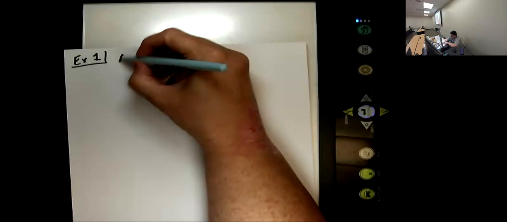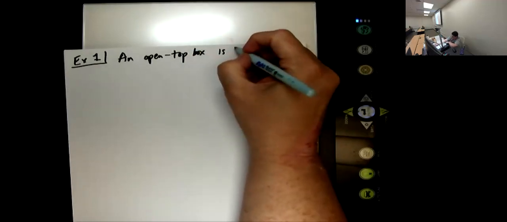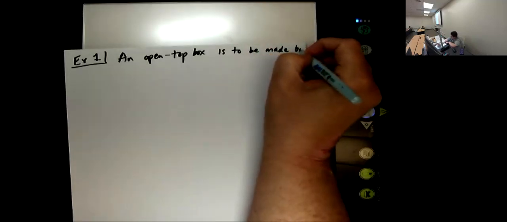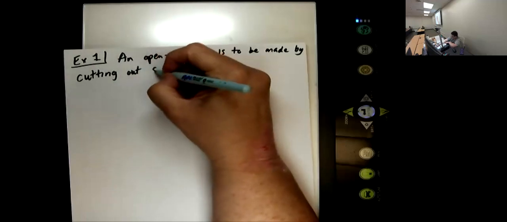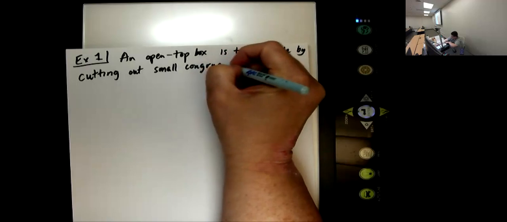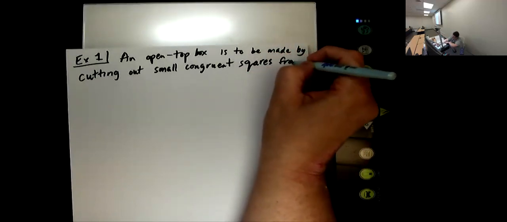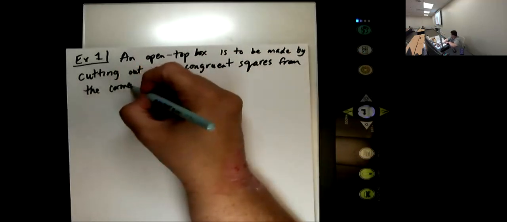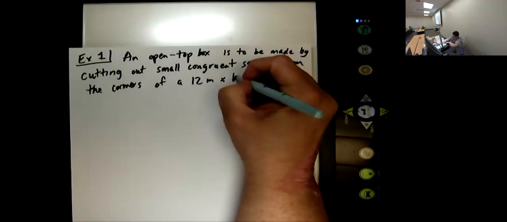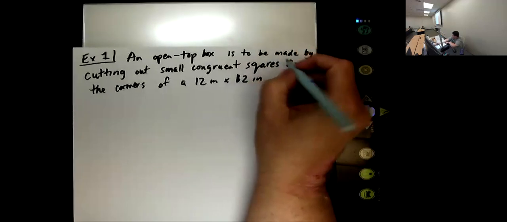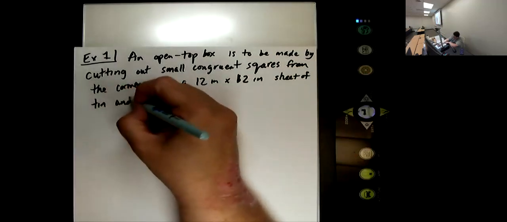An open top box is to be made by cutting out small congruent squares from the corners of a 12-inch by 12-inch sheet of tin, and binding up the sides.